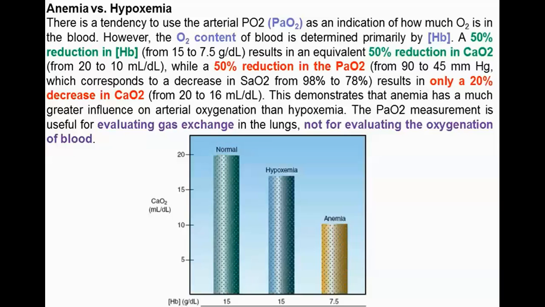It means the percentage of hemoglobin that is saturated with oxygen. If it is 100%, all of our hemoglobin is fully saturated with oxygen. If it is 90%, then 90% of our hemoglobin is saturated with oxygen and 10% is not. Is it clear?